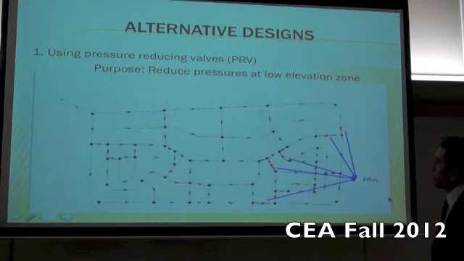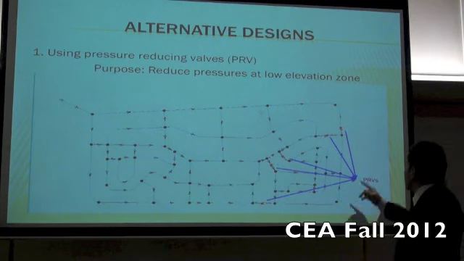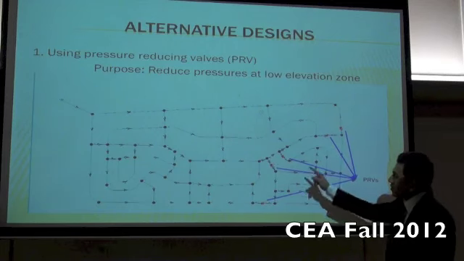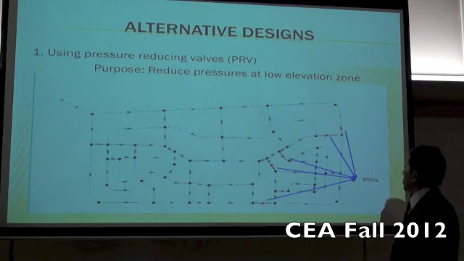Okay? So what we did is, the first alternative is to use pressure reducing valves in the pipes that feed this low elevation zone that has high pressure.